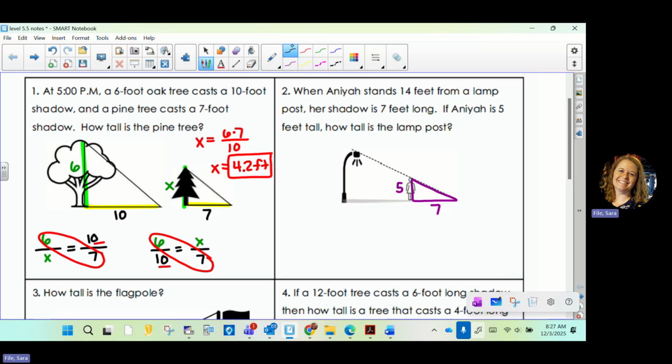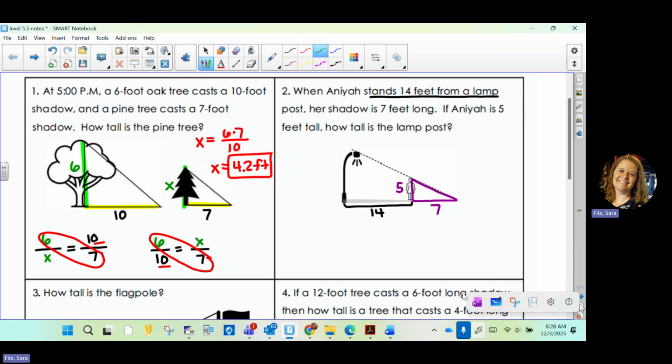Then it says she is standing 14 feet from the lamp. How tall is the lamp post? Now here's where, you don't have to, but for most of you, it's easier to separate the two triangles. 14 is not a side of a triangle, is it?